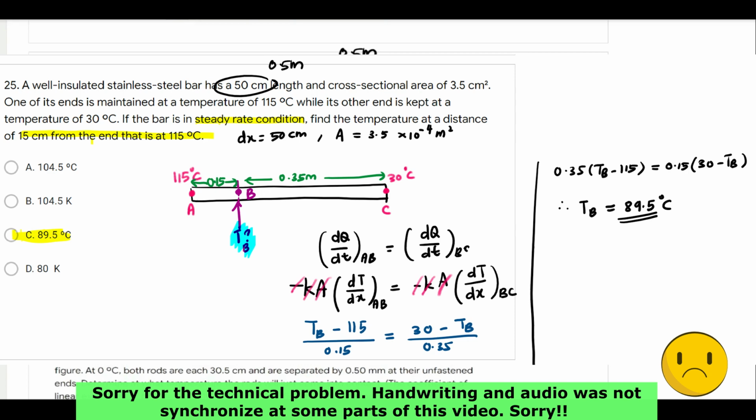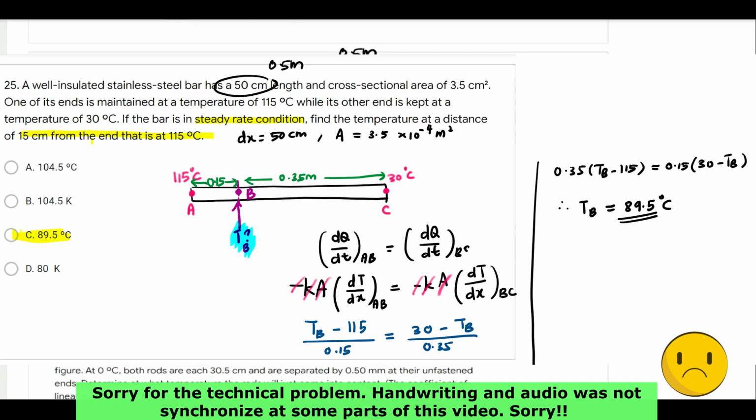And then equal to dT over dx untuk B dengan C. So heat is transferred from higher temperature to lower. So 30 degrees Celsius should be final temperature minus TB over dx BC, the distance from B to C. So we just substitute 0.35. Yang ni meter tak payah masukkan. And then try to solve the problem.